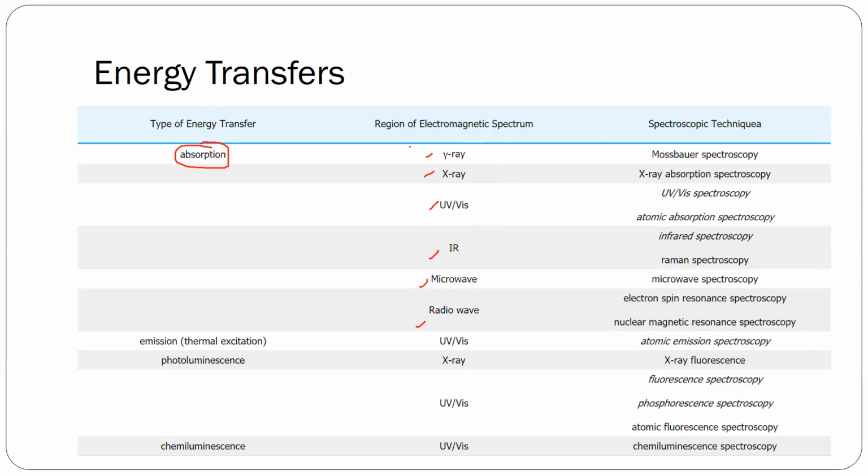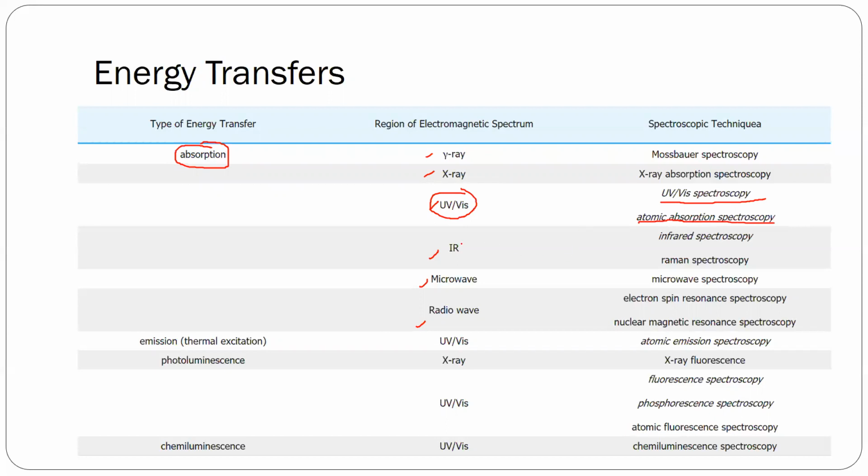So these types of energies can all be absorbed. And depending kung ano yung ginamit mo na radiation, for example, if you use UV-Vis, thus we have what we call a UV-Vis spectroscopy technique. And we have UV-Vis spectrophotometers in your laboratories. Okay? Or even atomic absorption spectroscopy. I think we also have this in our labs.